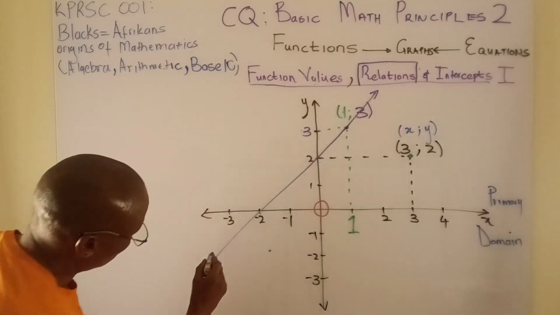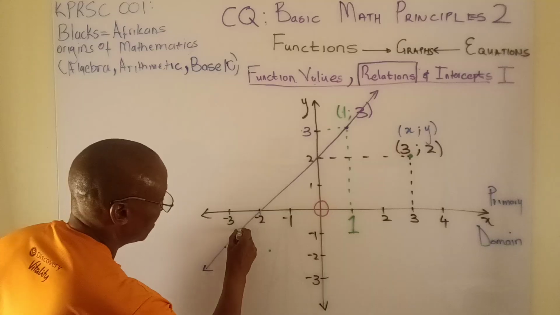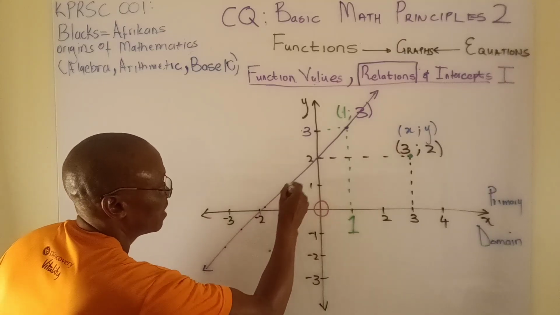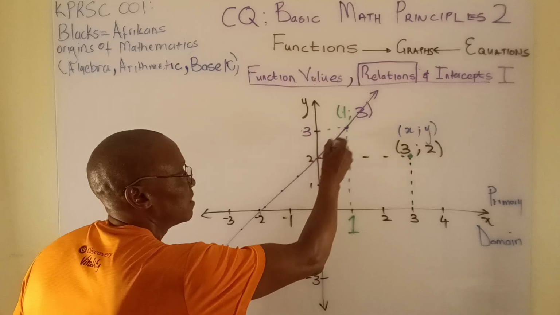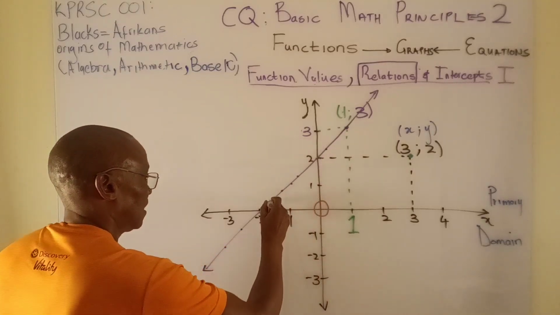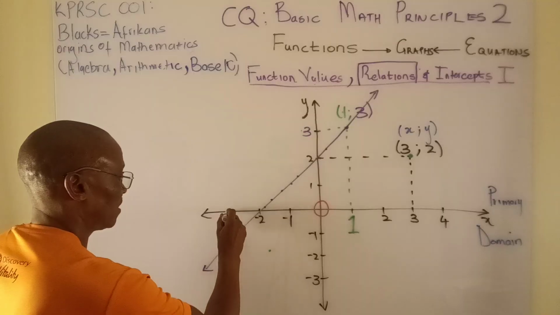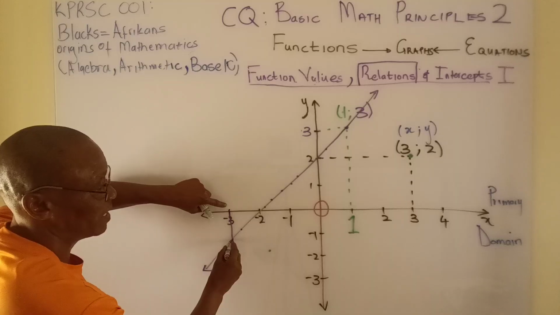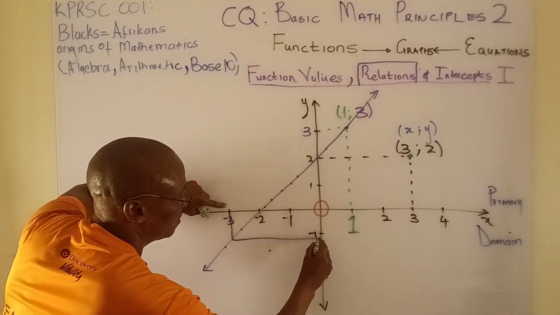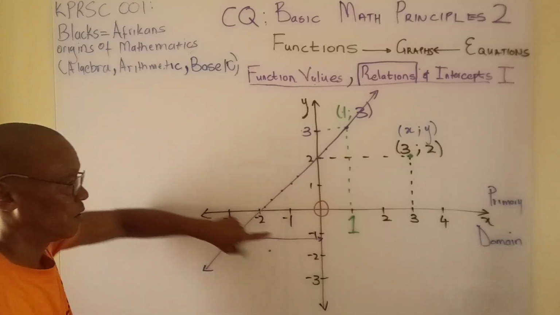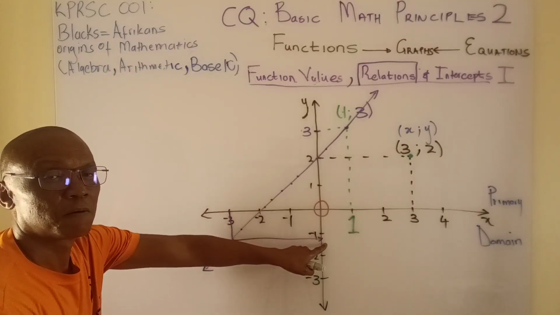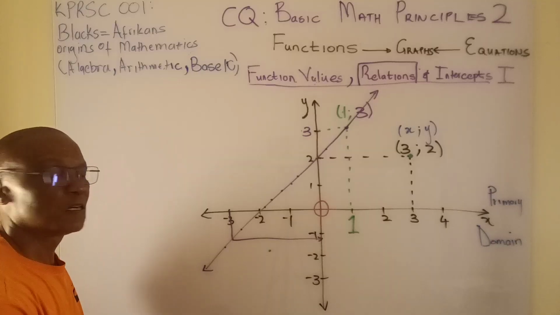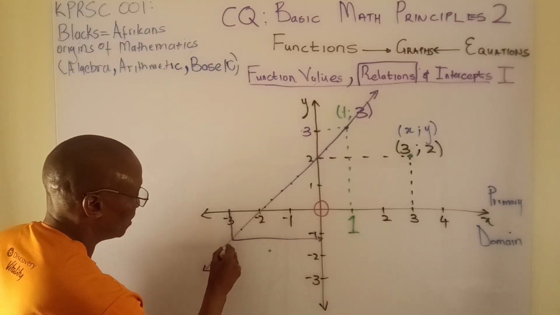Meaning there's a point at each and every place on this line, there's a coordinate. I'm just selecting a few, such that this value of x equals -3 is associated with this value of y. Hence, it's a coordinate. There are many coordinates on this line.